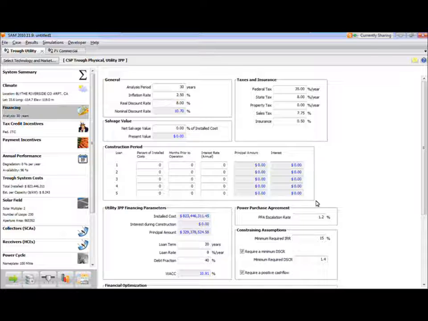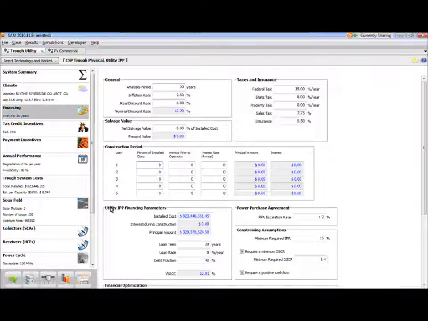What the construction period allows you to do is to put in information about any loans that the project might require before the project begins operation, during the construction period. And SAM will calculate an amount based on the parameters that you enter here, and report those.